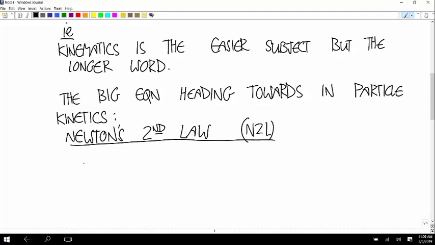And Newton's second law says this. I'll tell you what all these individual terms mean, but the net force is equal to the mass times the acceleration vector. Okay, and these have very specific meanings.